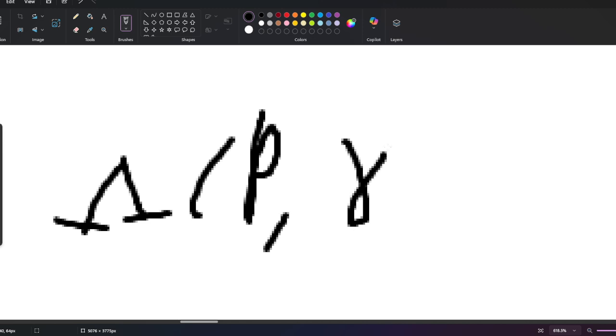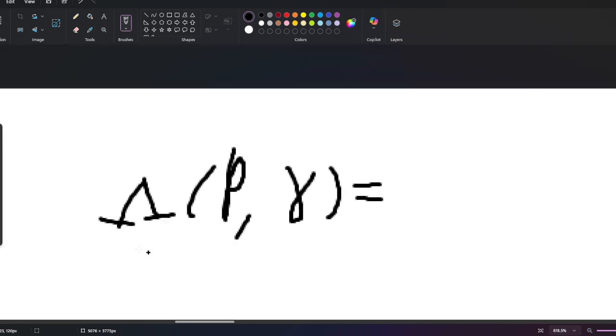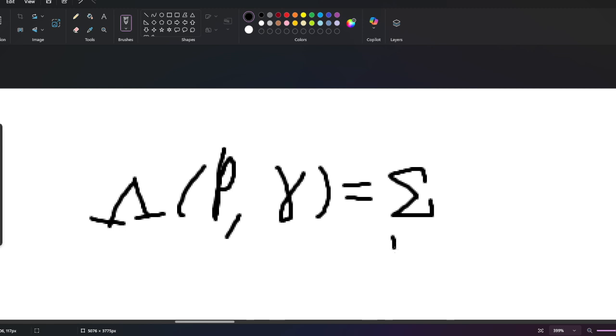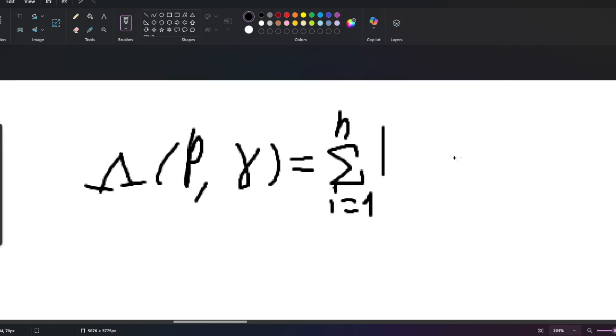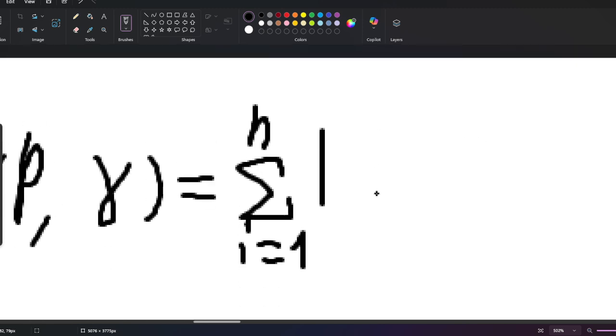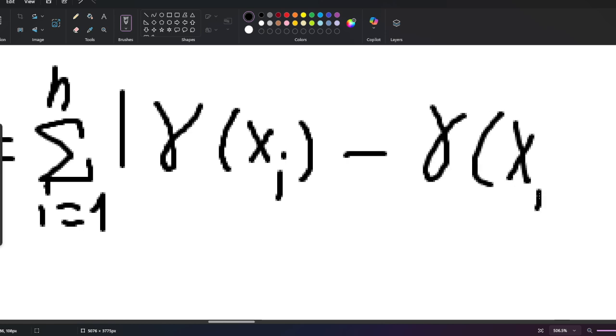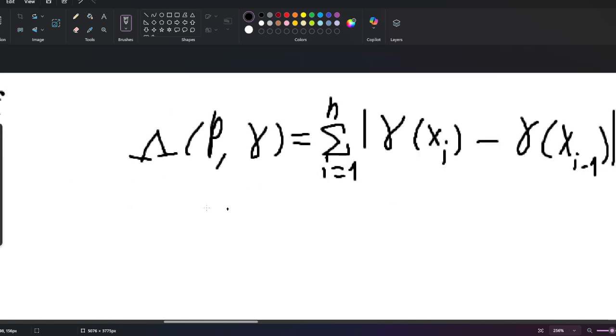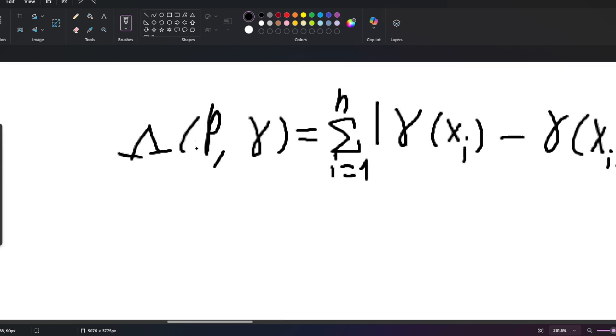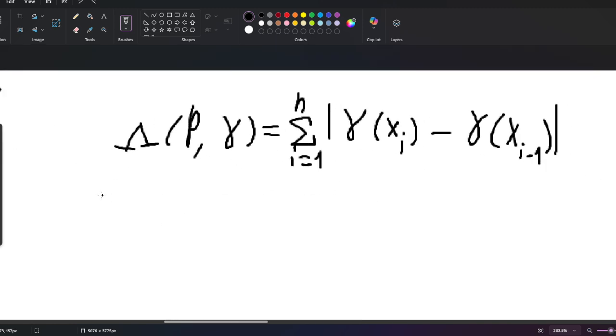The definition for it is the sum from i equals 1 up to n of the lengths of the lines with the endpoints at x i and x i minus 1. And according to the triangle inequality, refinements of the partition are going to be greater than the partition by length.